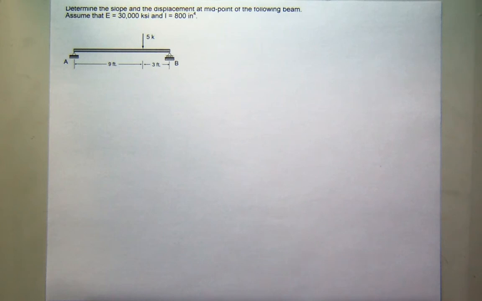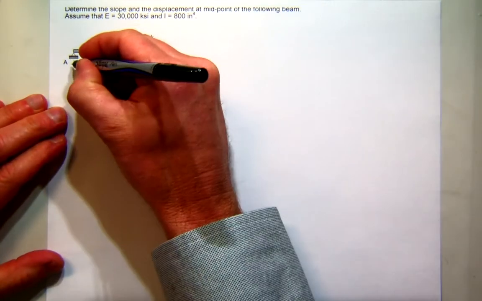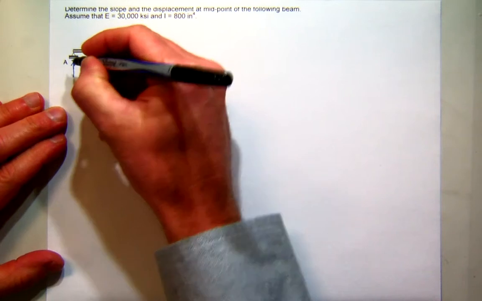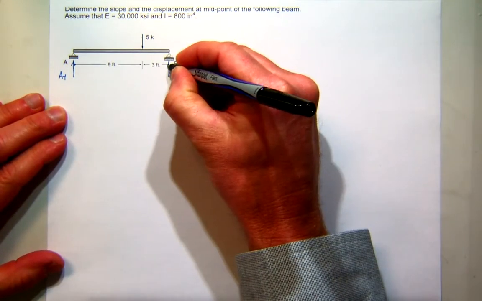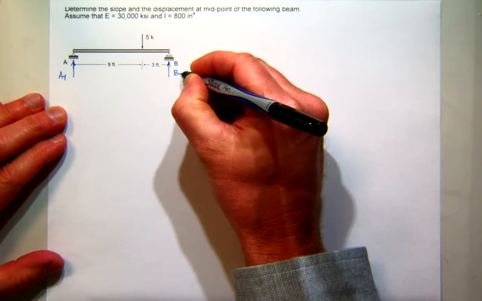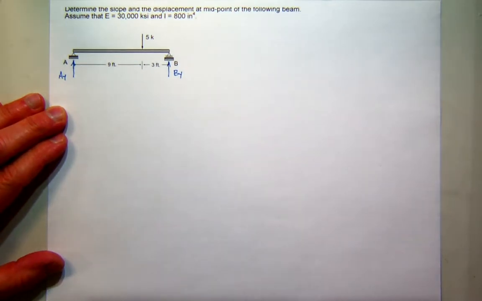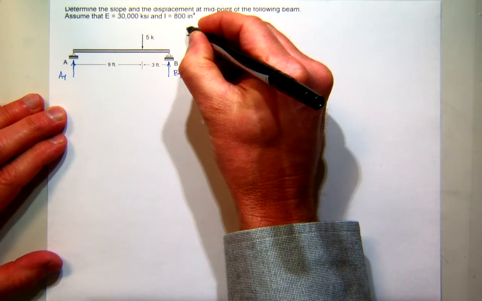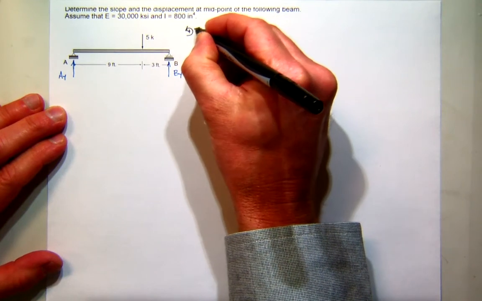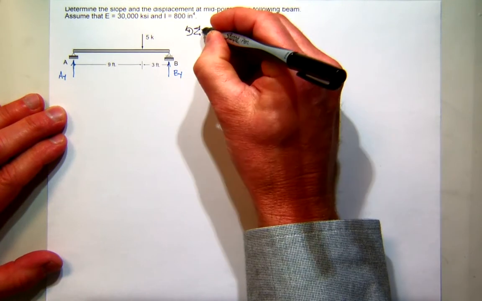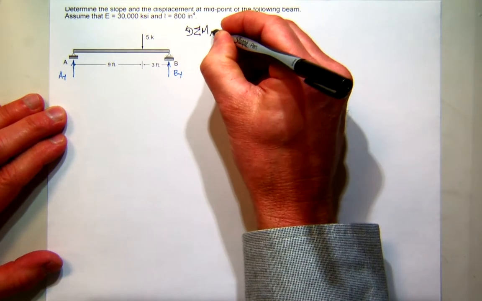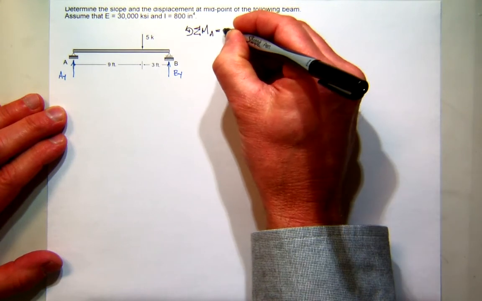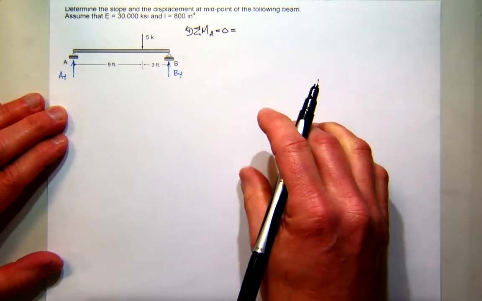So let's do that. Before we proceed with the moment diagram, we need to find our reactions. I'll just go ahead and pencil in here that I have AY and BY, and let's solve for those. I'm going to first sum moments about A using right-hand rule and setting them equal to 0.